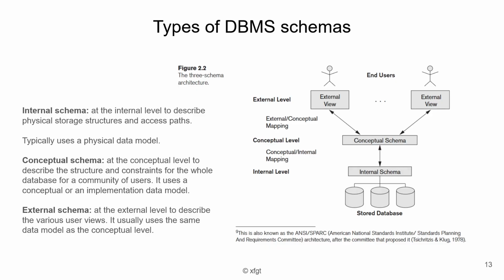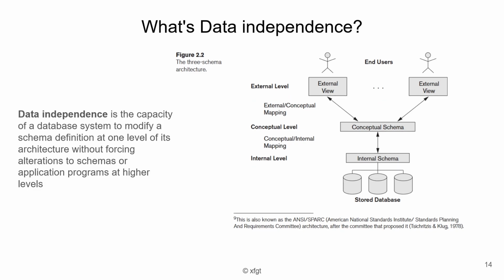This three schema architecture is described by those three levels. This three level setup creates data independence. In other words, data independence is the capacity of the database system to modify a schema definition at a single level of its architecture without affecting other schemas or application programs at higher levels.